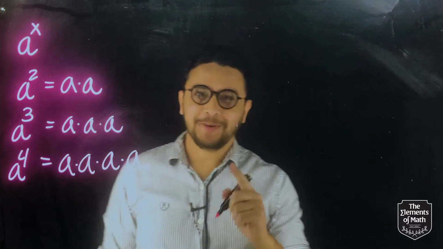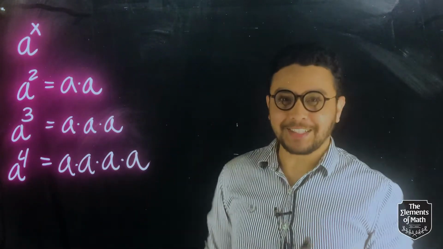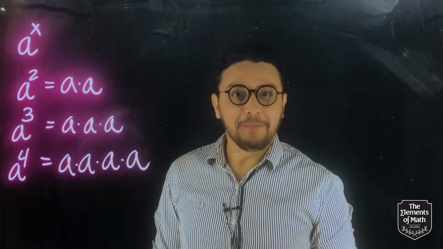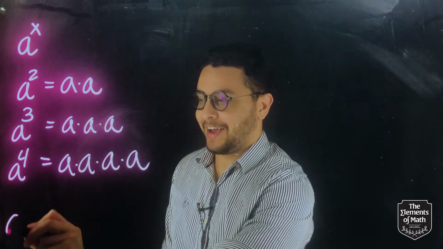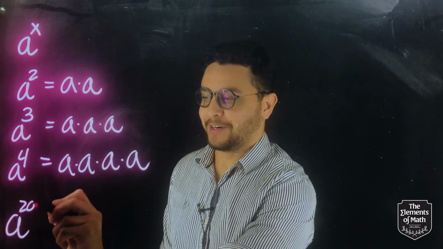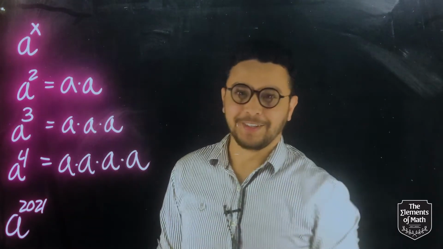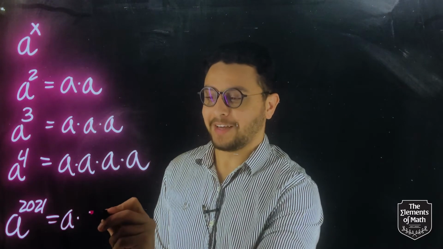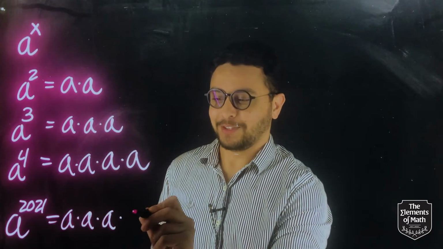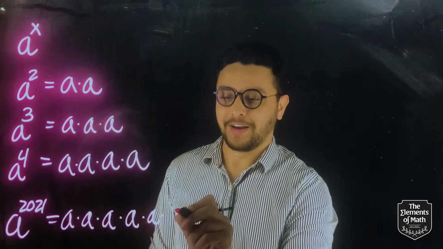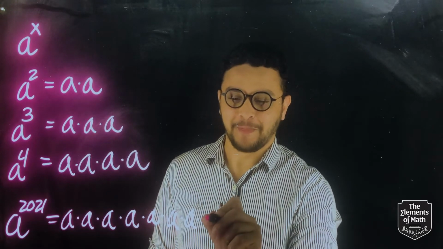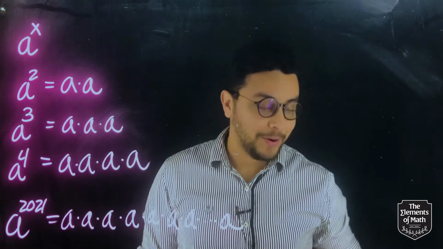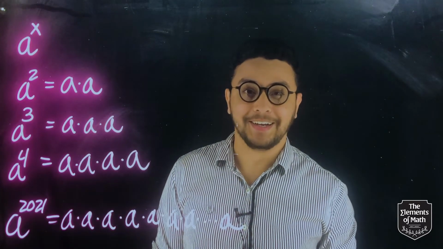Now you start believing me. That's notation. It is not that bad. Because could you imagine if I had a to the power 2021? I have to multiply a by itself 2021 times. I will be tired.